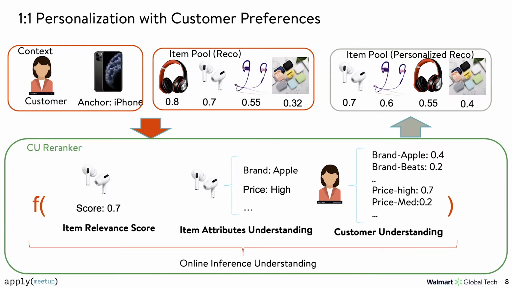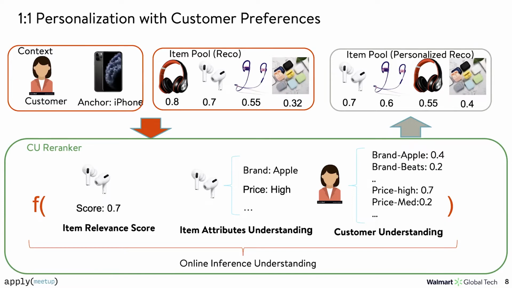It also takes into consideration the customer context. Here, for example, there are brand-level affinity scores available for any given customer, and price-level affinity scores are also available for any given customer.